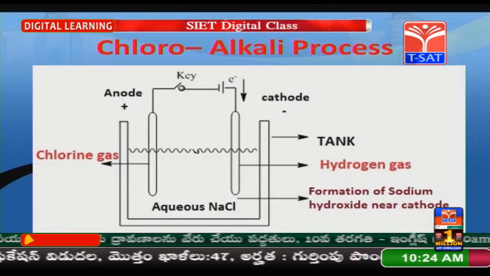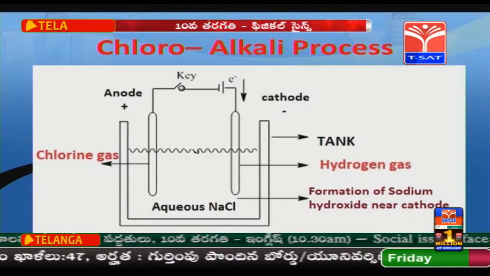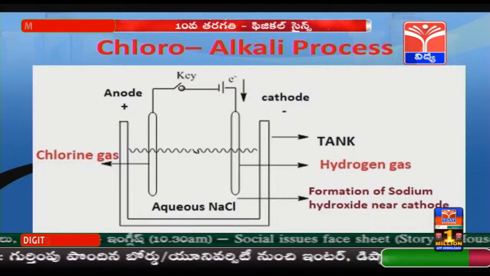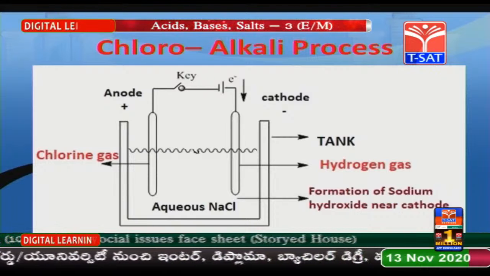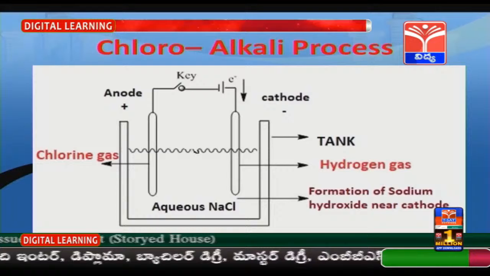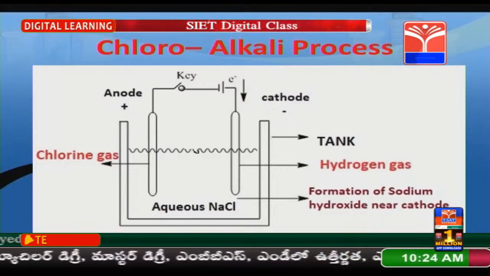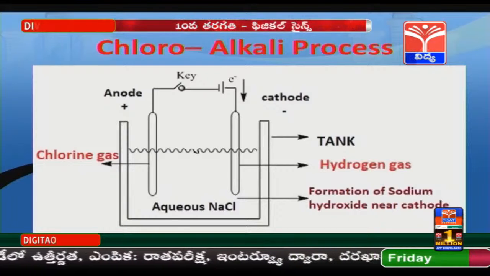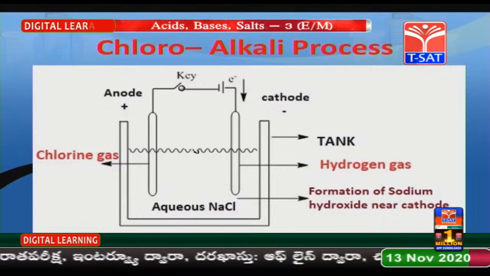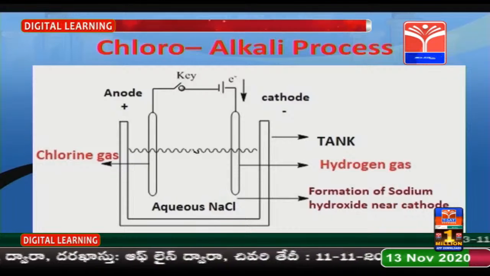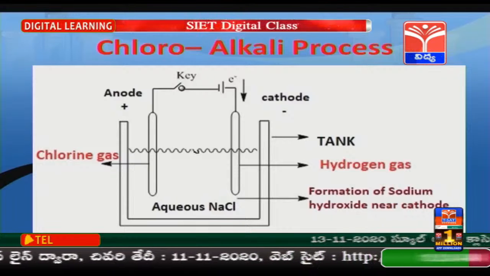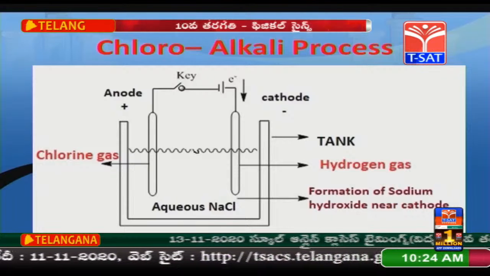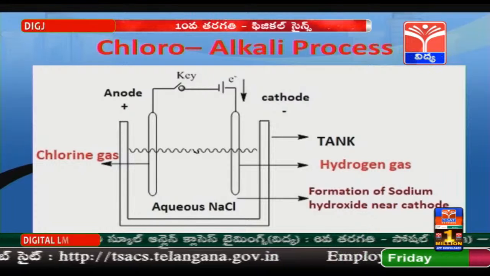Whenever NaCl dissociates, it forms Na plus ions. It is a cation. Therefore, it is attracted towards the cathode. Now, in the aqueous solution, the water molecule is also involved in the reaction. Water splits into H plus ions and OH minus ions.